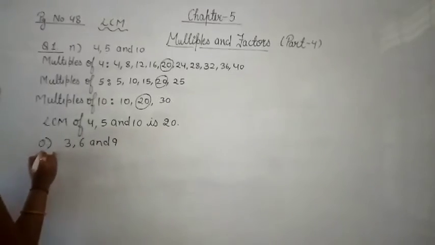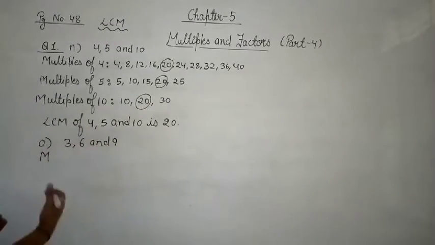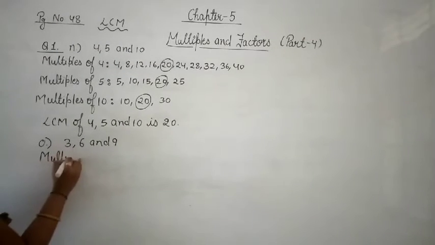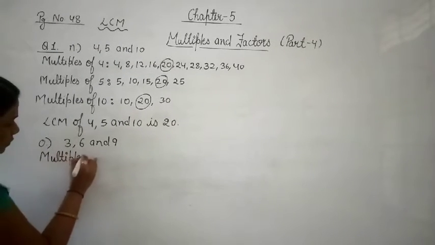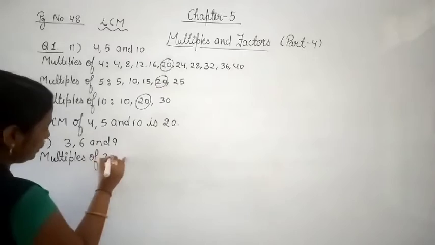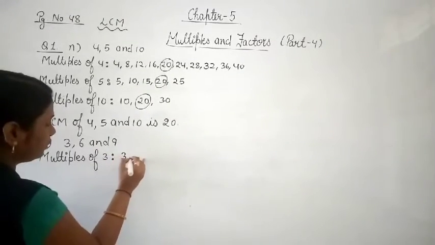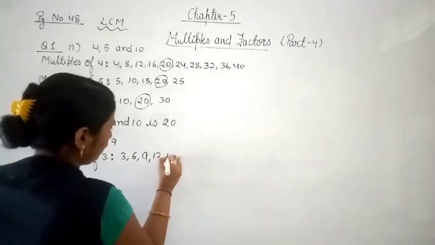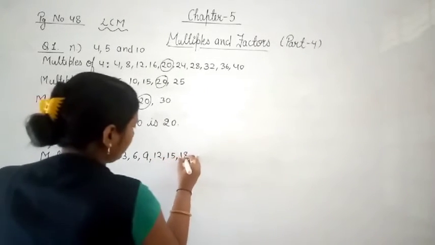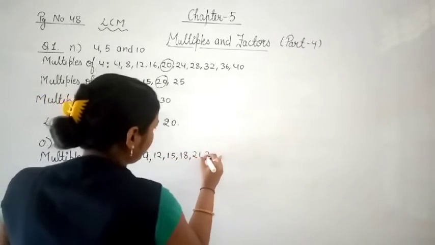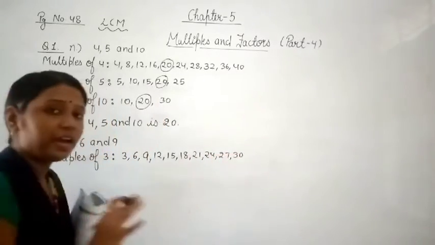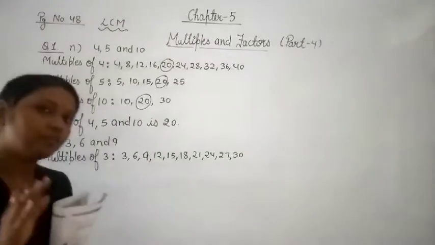As we are doing again and again, we will first write multiples of 3. Multiples of 3 are 3, 6, 9, 12, 15, 18, 21, 24, 27, 30. I have written the first 10 multiples of 3.